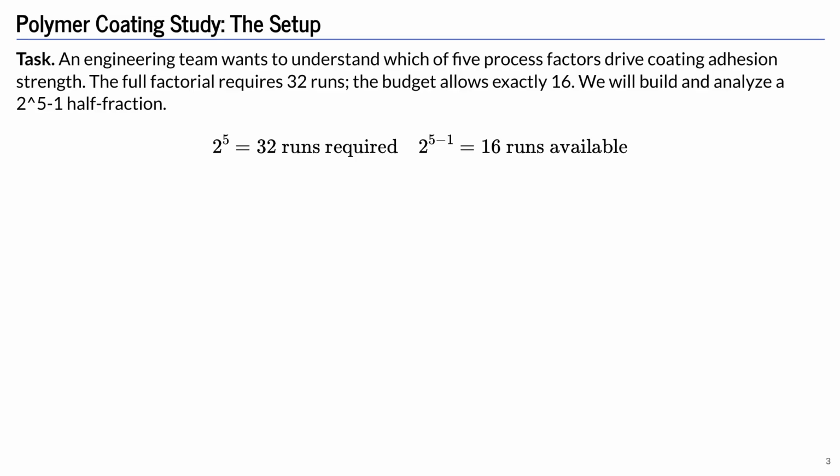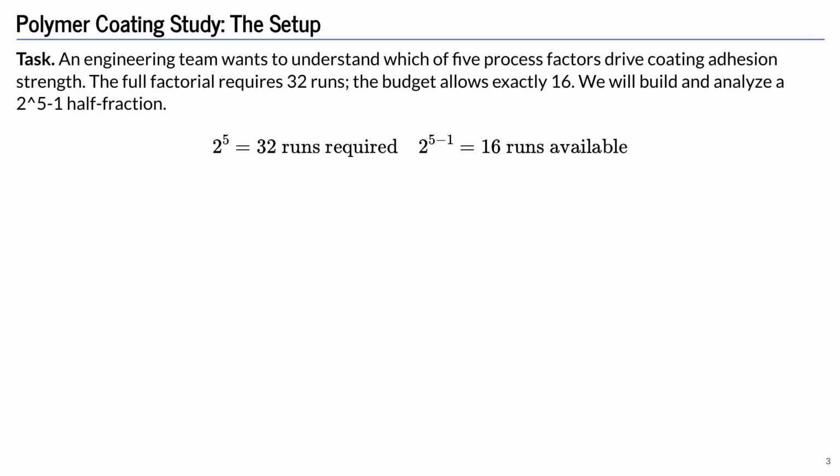Let us ground everything in a single running example that we will carry all the way through. An engineering team is developing a polymer coating process. They have identified 5 factors they want to study: cure temperature, catalyst load, solvent ratio, mixing speed, and coating thickness. The response they care about is adhesion strength.